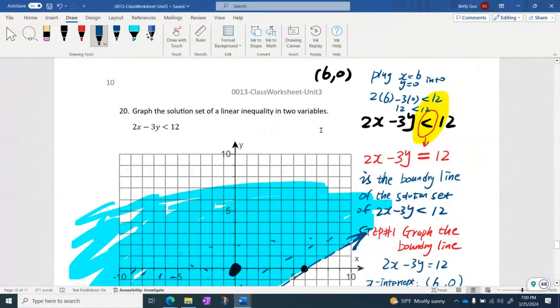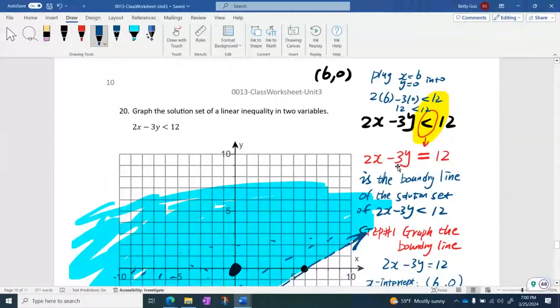Firstly, we need to find the boundary line of the inequality. How do we find the boundary line? Very simple. We just need to remove the yellow inequality symbol and replace it with the equal sign. And then we would have the boundary line.